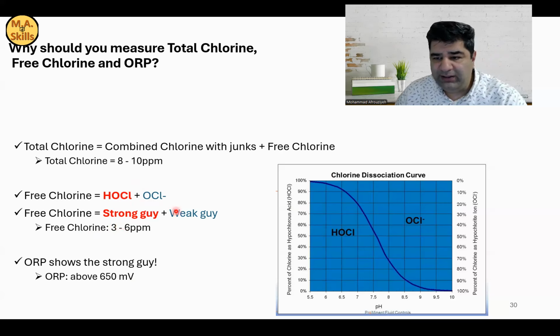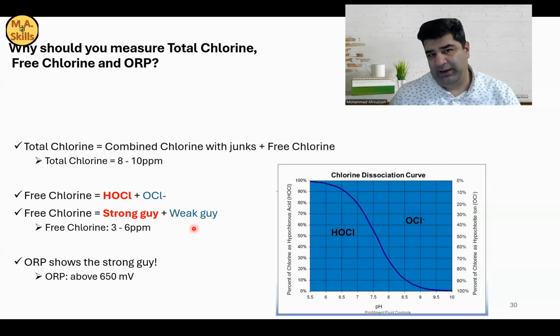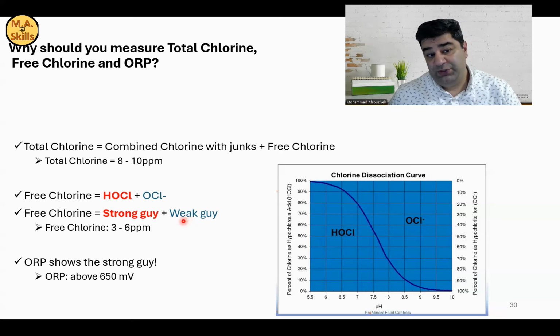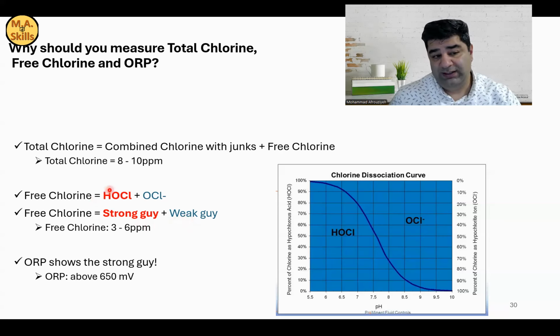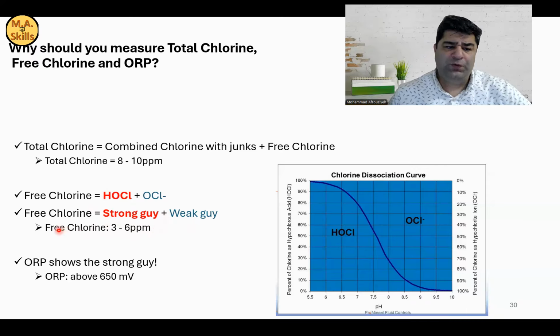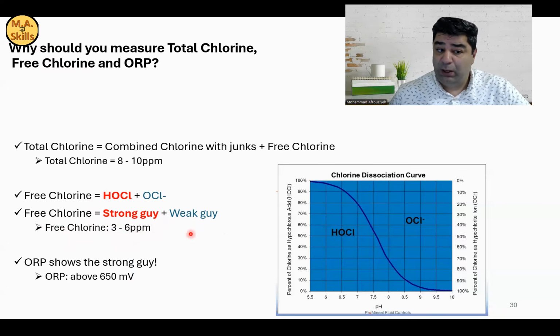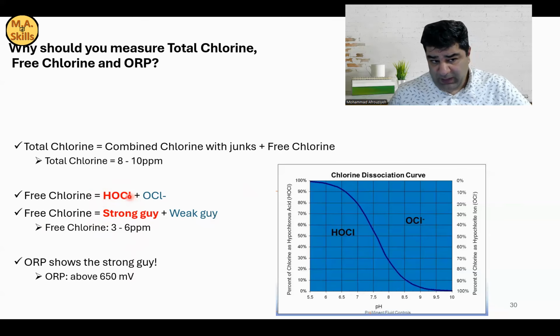But the ion part is weak guy. It means that it has weaker disinfection potential. So which one do we like? Of course, the acid form, which is the strong guy. So free chlorine overall should be between 3 to 6 ppm. Again, free chlorine is the combination of acid form and ion form, strong guy plus weak guy.